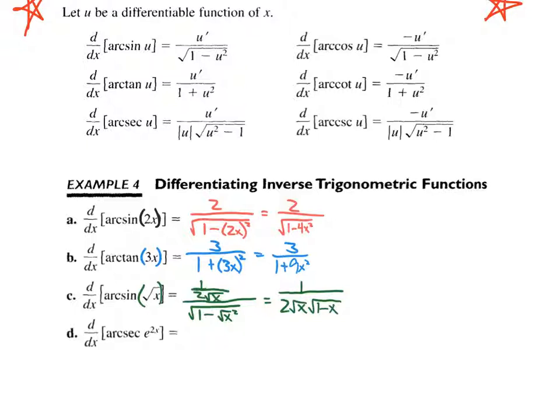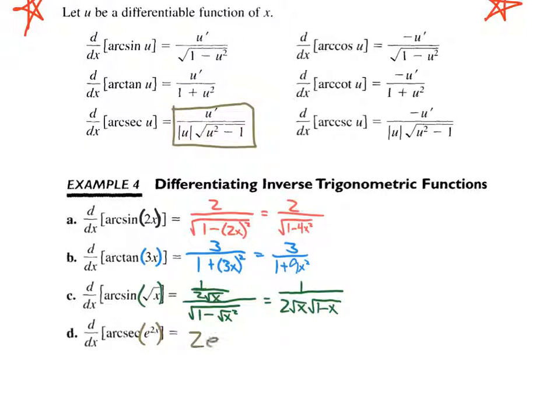And then finally, this last one here, we have the arc secant of e to the 2x. So arc secant, we haven't used this one yet. It's going to be u prime. So what's the derivative of e to the 2x? 2e to the 2x.